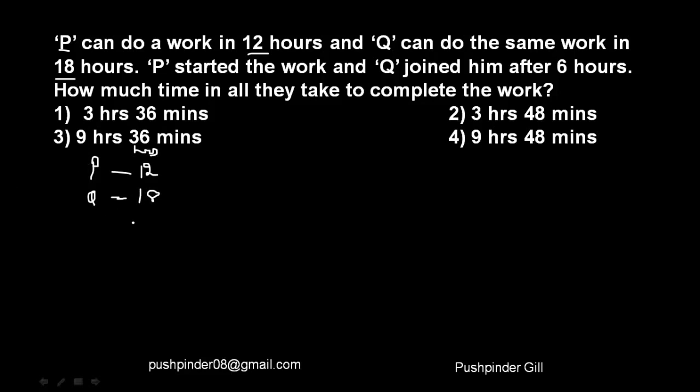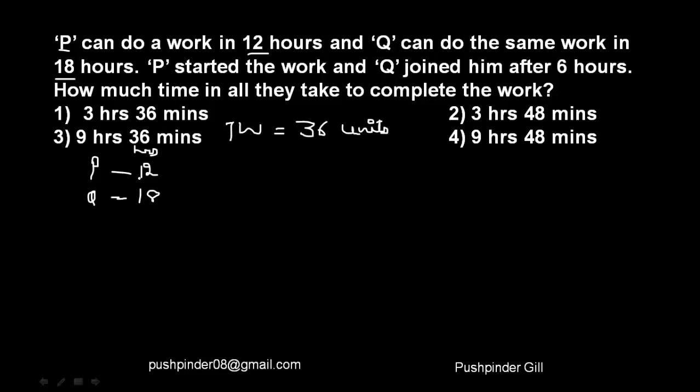Now, the next step should be to assume the work to be of some specific units. As I can see here, it's 12, it's 18. The LCM would be better, so I assume the work to be of 36 units, right? Let's call it 36 burgers this time. So the work is that P and Q have to eat 36 burgers.